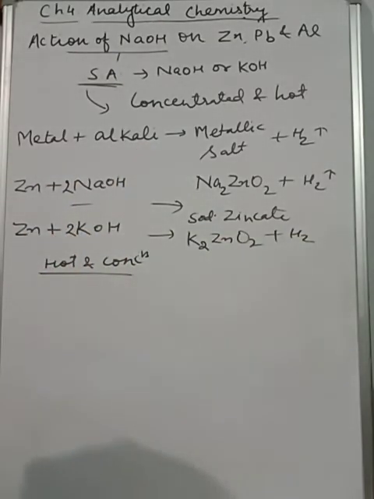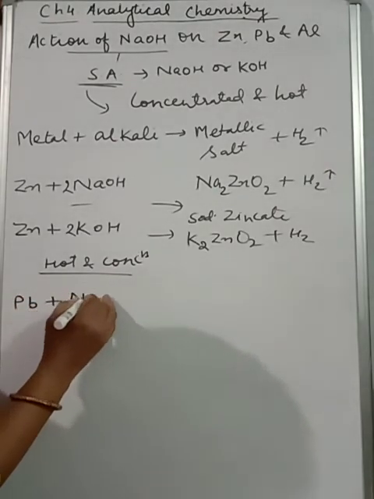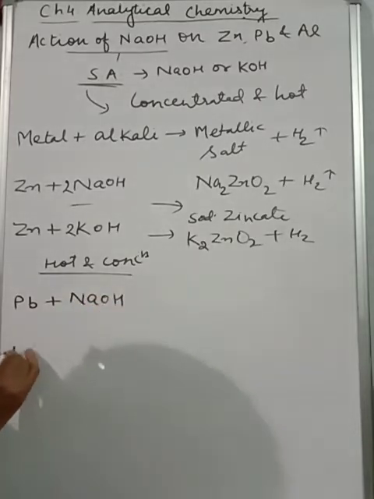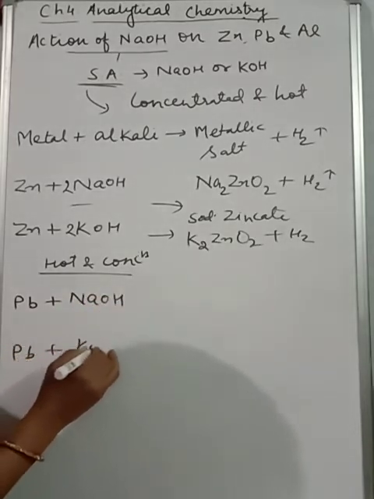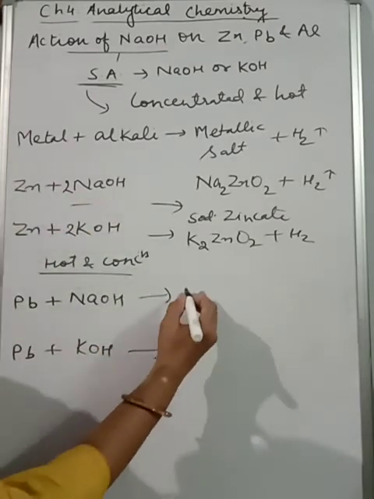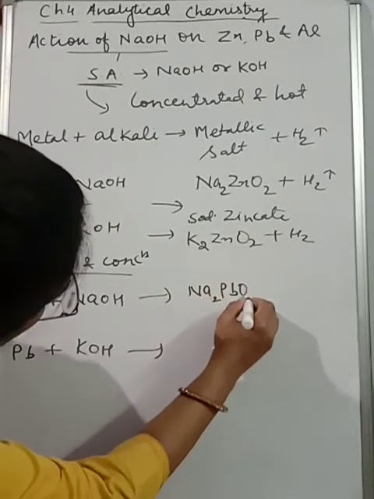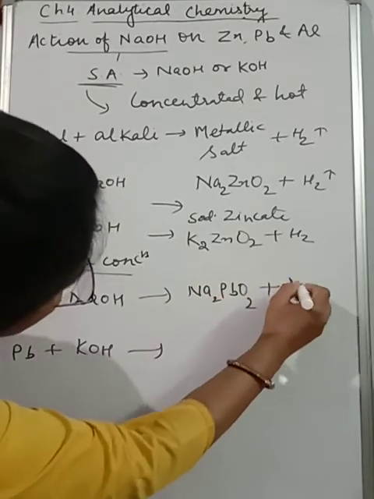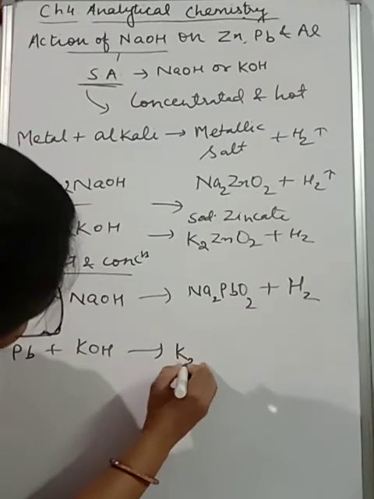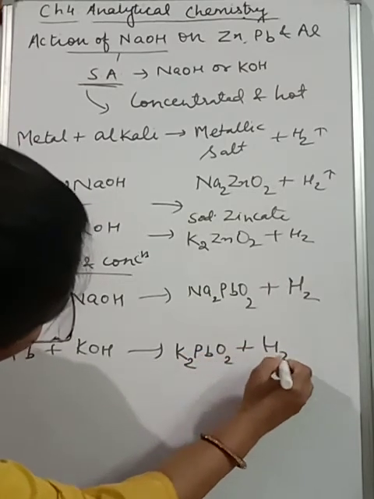Now you do this with lead. So lead plus NaOH and lead plus KOH. Again the same kind of compounds you are going to get: Na2PbO2, which is known as sodium plumbite, or K2PbO2, which is known as potassium plumbite.